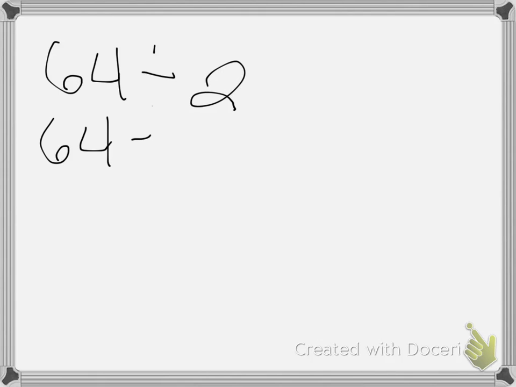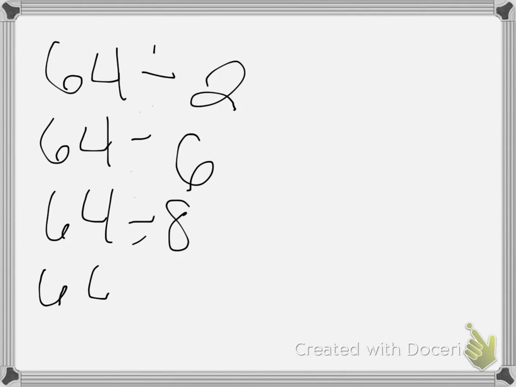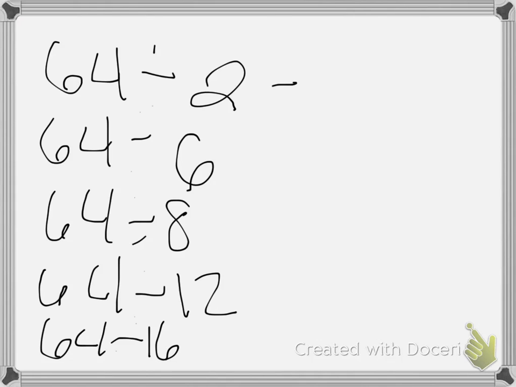The next one says, which of these numbers are a divisor of 64? So you have, I want to see 64 divided by 2, 64 divided by 6, 64 divided by 8, 64 divided by 12, and then 64 divided by 16.